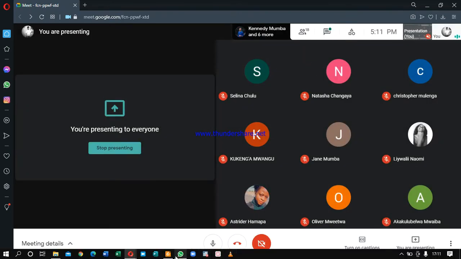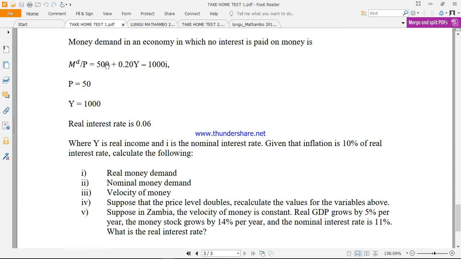Alright, so let's go. I've got a real money demand function there, we've got the price level there, we've got output there, we've got the real interest rate there, where Y is the real income and R is the nominal rate of interest. And then given that inflation is 10% of the real interest rate, calculate the following. The first one, they're asking us to calculate the real money demand.